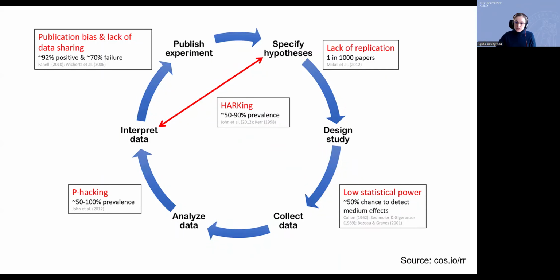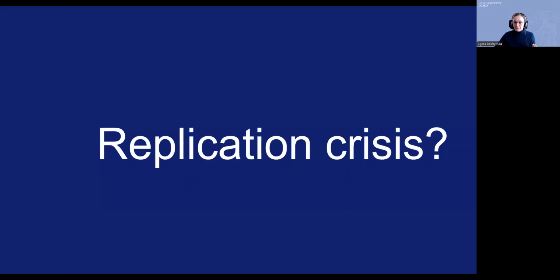And this has also been said to lead to a situation that some would call a replication crisis in research. Now, not everybody agrees with calling it a replication crisis.